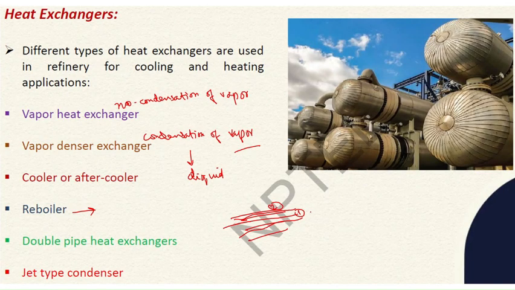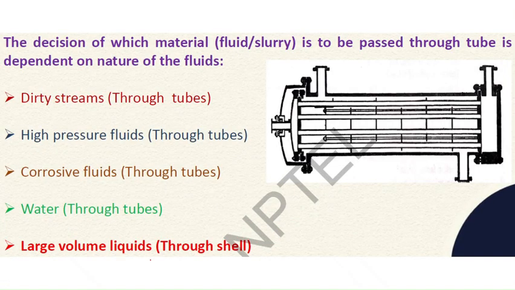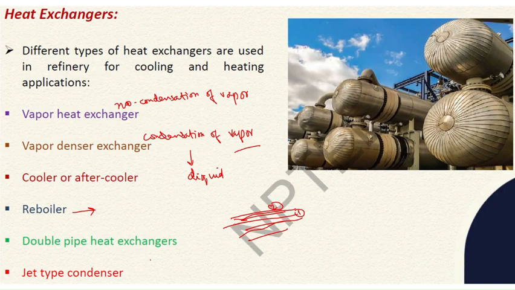Basically, it is used where low heat transfer rates are required. Okay, and jet type condensers are basically used in the vacuum distillation column. So what happens is the vacuum distillation column produces vapor, and this produced vapor and a cooling medium are intimately mixed together and heat exchanging is done by conduction.